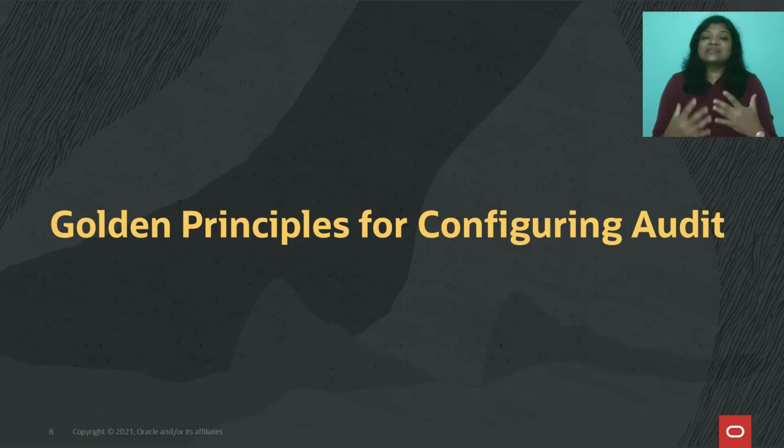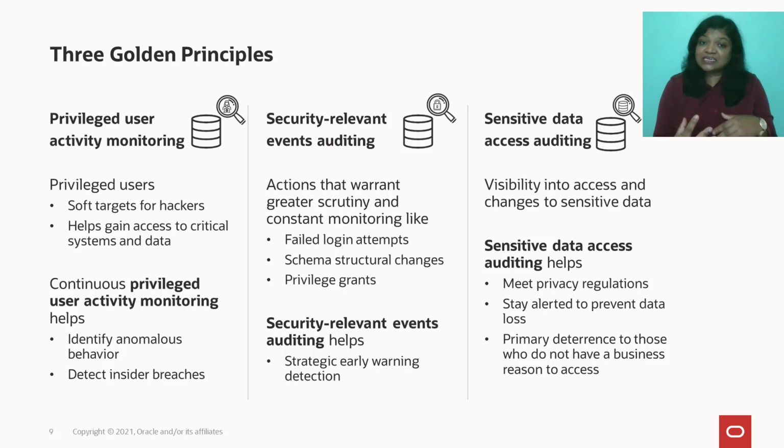Now let's examine the 3 golden principles of how you can create and provision audit policies which are selective and targeted to your needs. The 3 golden principles include auditing privileged user activity, auditing security relevant events, and auditing sensitive data access.